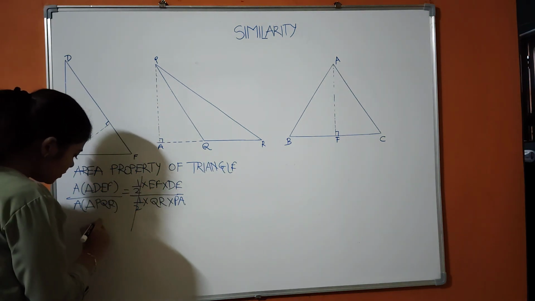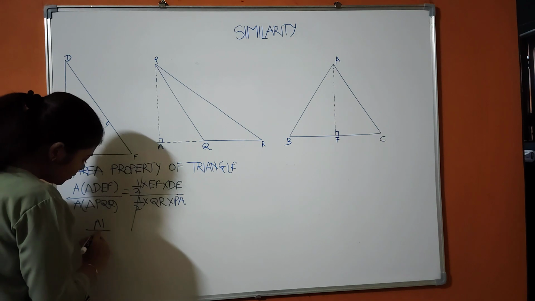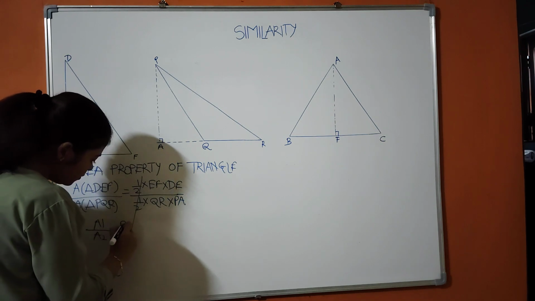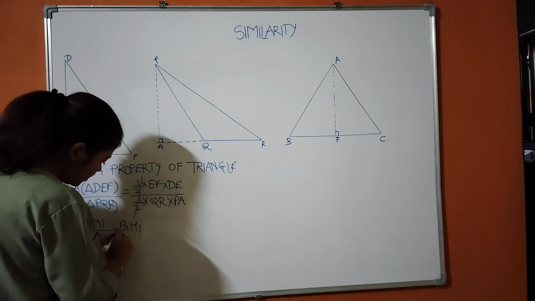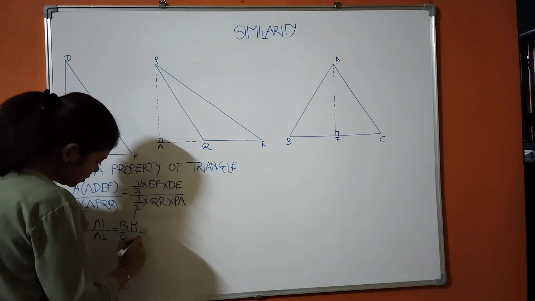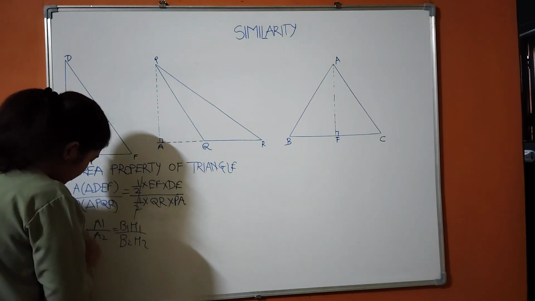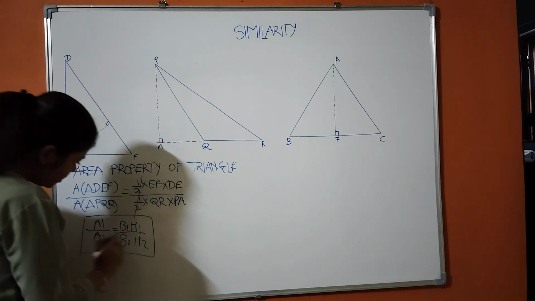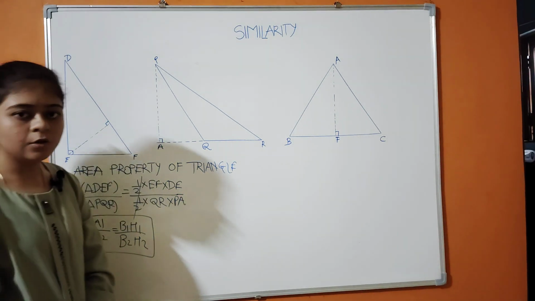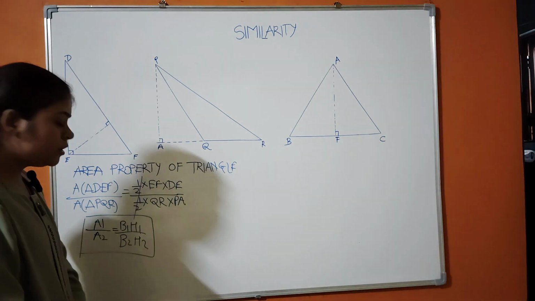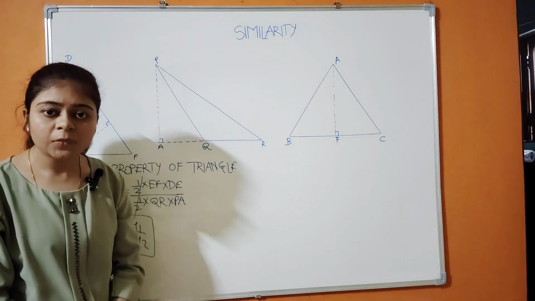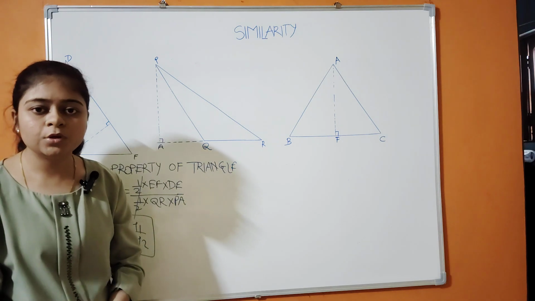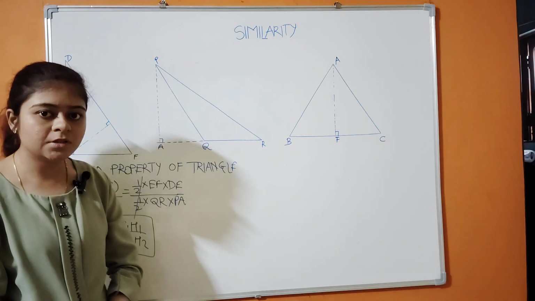Then A1 upon A2 equals B1 H1 upon B2 H2. This is the area property of the triangle. Ratio of the areas of two triangles is equal to the product of their corresponding heights and corresponding bases.